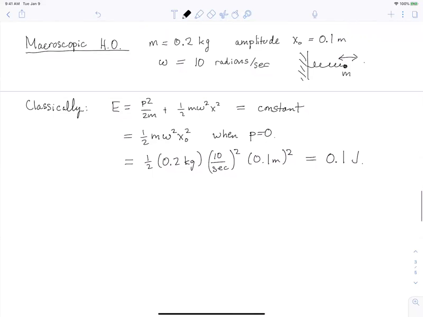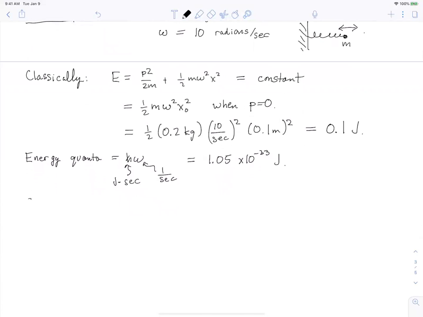Now, to understand what this means quantum mechanically, let's remember what the energy quanta are. The energy quanta are h bar omega. Omega has units of 1/seconds, and h bar has units of joules times seconds. This works out to be 1.05 times 10 to the minus 33 joules in these round numbers.